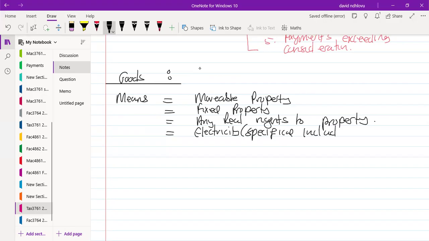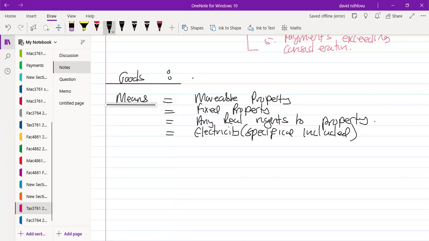It doesn't really look like it makes sense because you would expect electricity to be a service because it's an intangible. However, the Act specifically included electricity to be part and parcel of what they call goods.